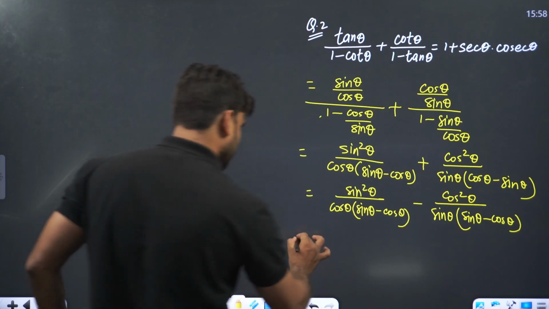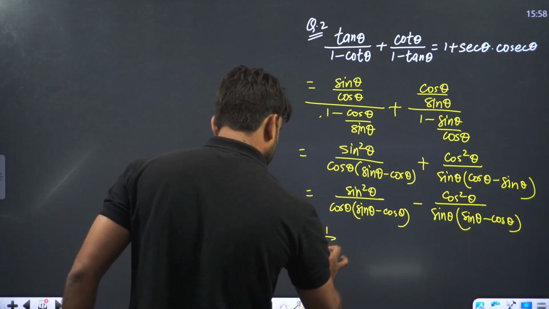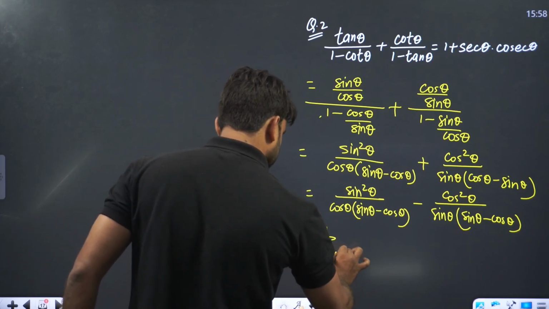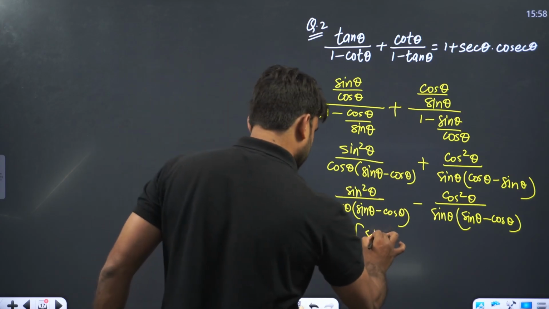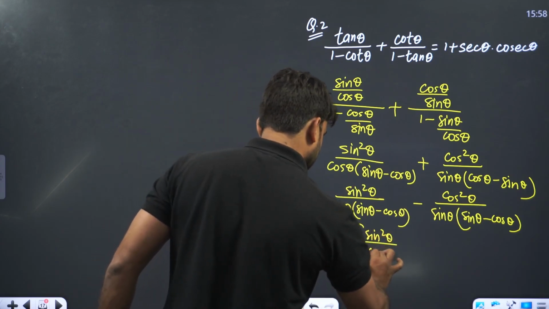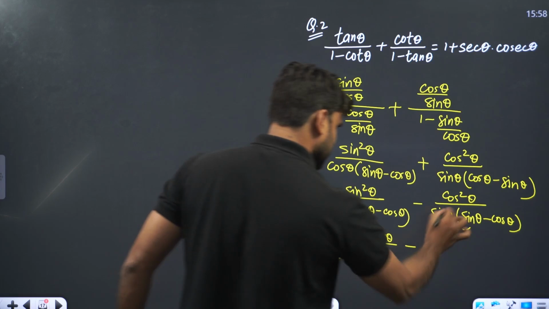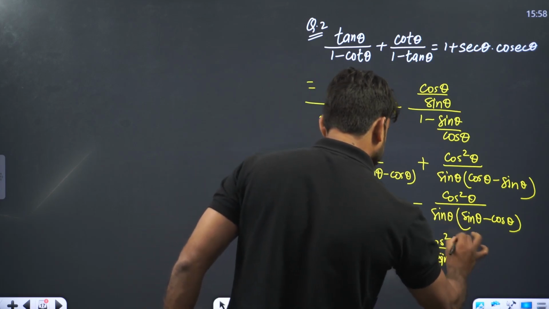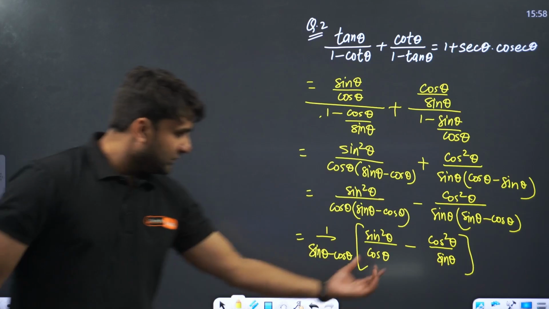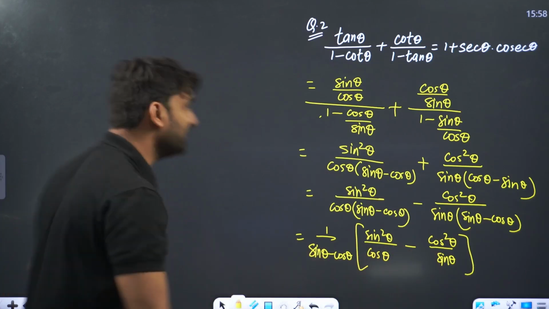Now what we can do, we can take common sin theta minus cos theta. So 1 by sin theta minus cos theta common here, and this will be sin square theta divided by cos theta minus cos square theta divided by sin theta. So let's look at this bracket. We can take LCM.